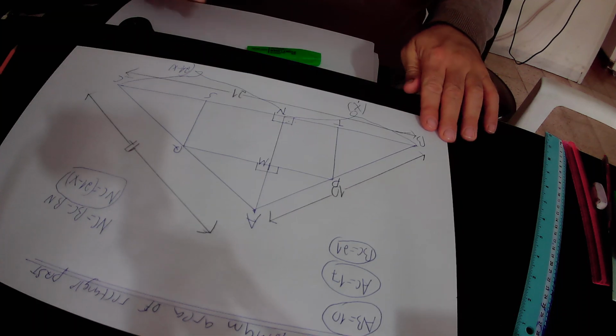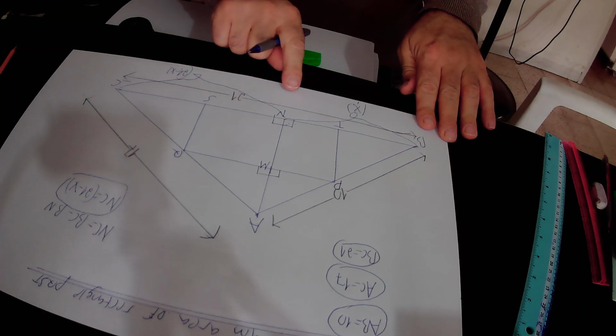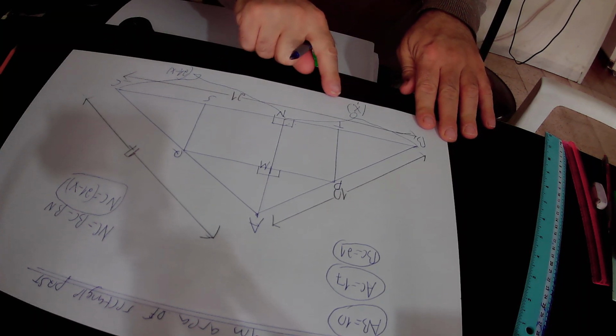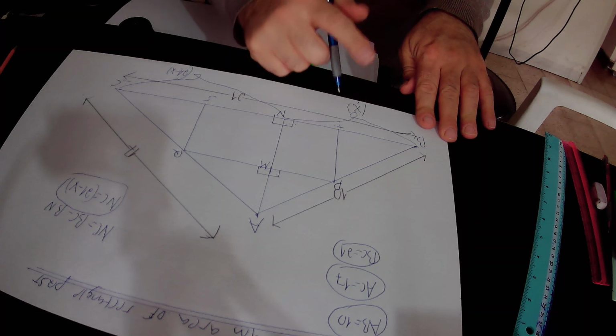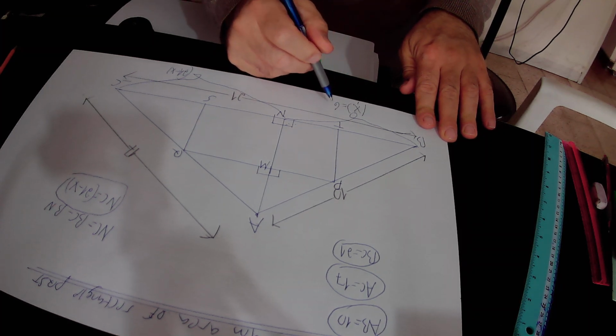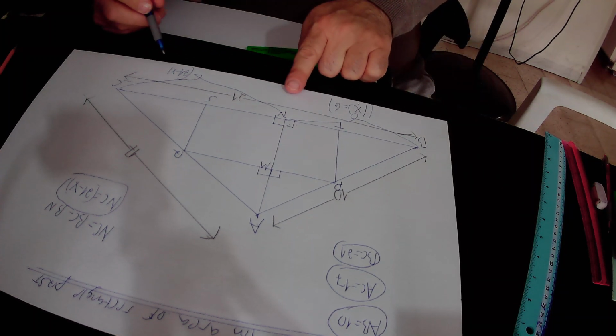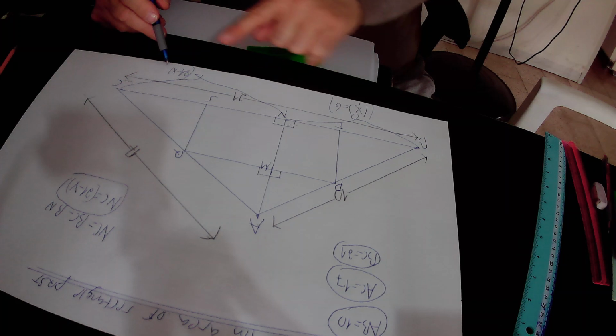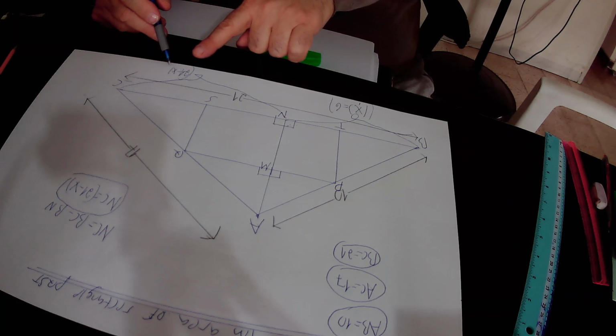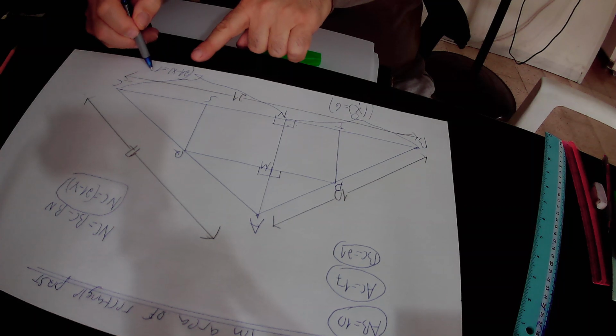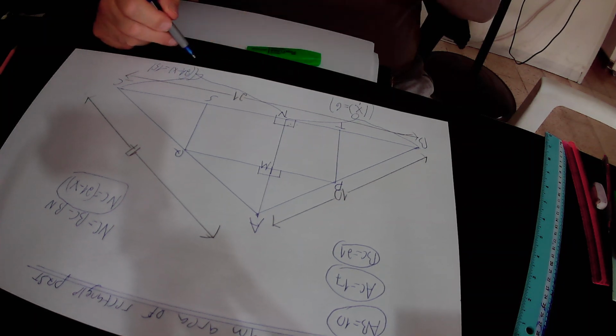So actually, line segment BN is equal to x, which equals 6. And line segment NC equals 21 minus x, and x is 6, therefore it is 21 minus 6, that is 15. Okay.